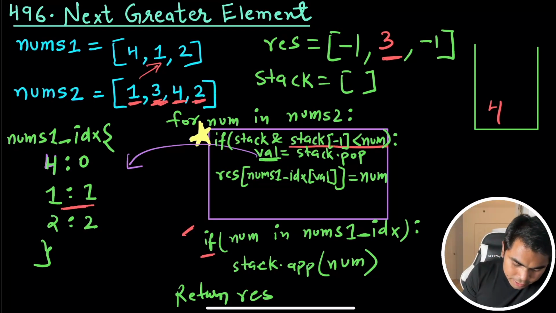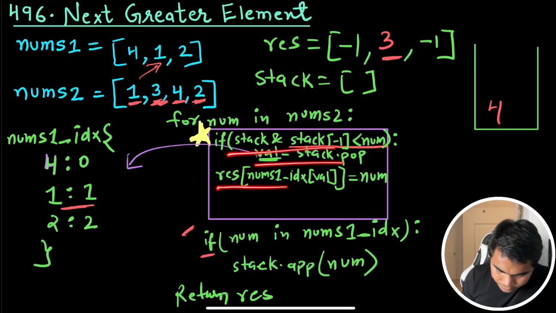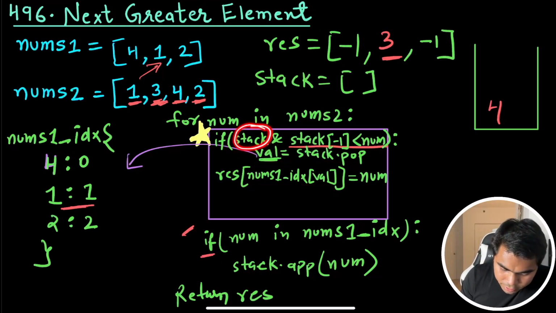Then I will come to 2. Well, 2 is present here, but before that this statement will execute, right? Here the stack is not empty, but this num is actually this 2, sorry, now I'm processing 2. This 2 is not greater than 4, so nothing will happen here, and I will append this 2 to my stack.